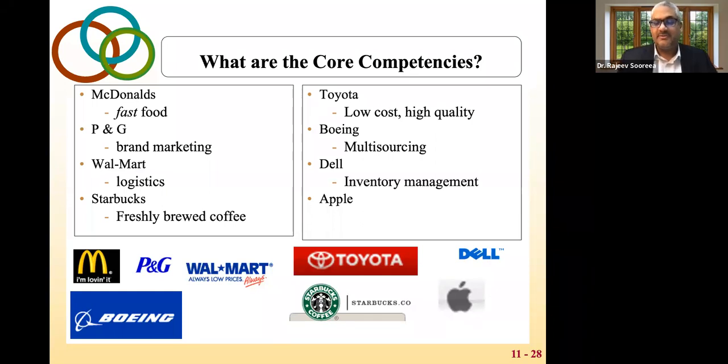Dell Computers. Dell is all about inventory management, right? So if you want to have a Dell computer, you don't go in the store in the US to purchase a Dell computer. The best way to buy a Dell computer is to order it online. You can order the pieces, components, whichever you want, you customize it to your needs. You want, let's say, 1 terabyte of storage space on the hard disk, you can put that in your specification, right?